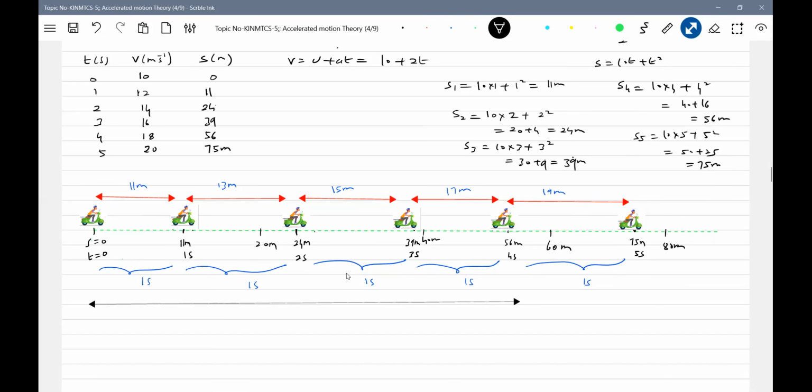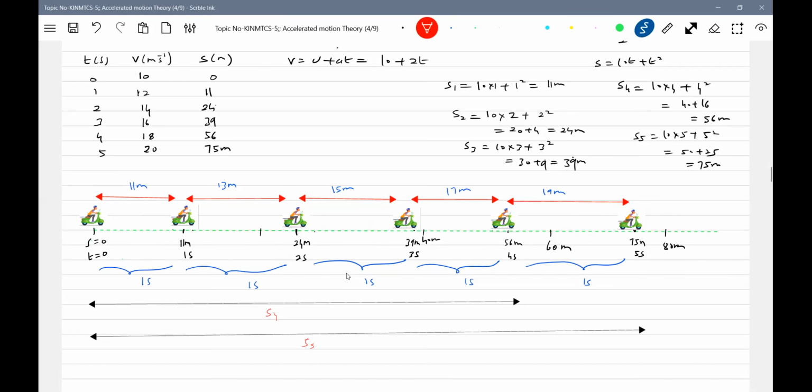For 5 seconds, this will be S5. So what is S4? Distance covered for 4 seconds, distance covered for 5 seconds. Now I'll ask you the distance covered in the 5th second. What do you mean by 5th second? You have to call it like this: first second, second second, third second.